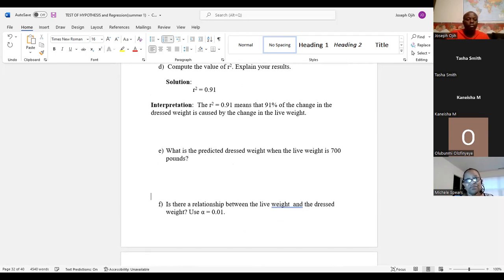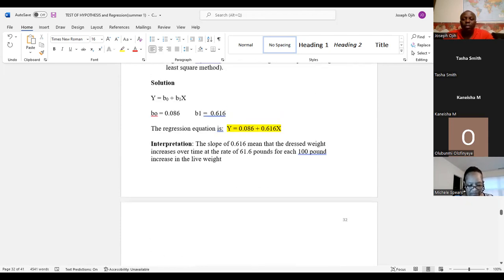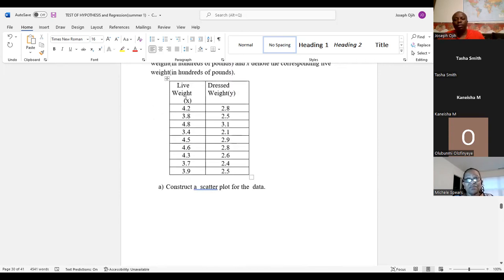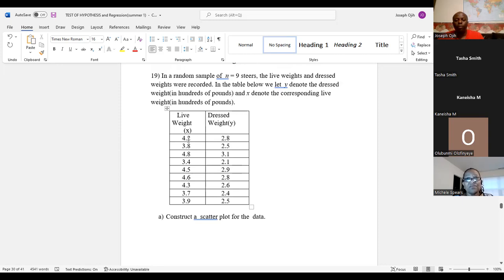This one says, what is the predicted dress weight when the live weight is 700 pounds? Solution. If you look at the original data that we use for this work, all these are in hundreds. So 4.2 means 420, 3.8 means 380 pounds, 2.5 means 250 pounds.